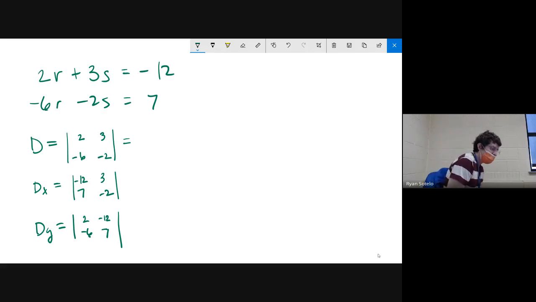All right. Who thinks I can do the determinant of the coefficient matrix, D? What do you get for that? Anybody want to try? How do I take a determinant? A 2 by 2.